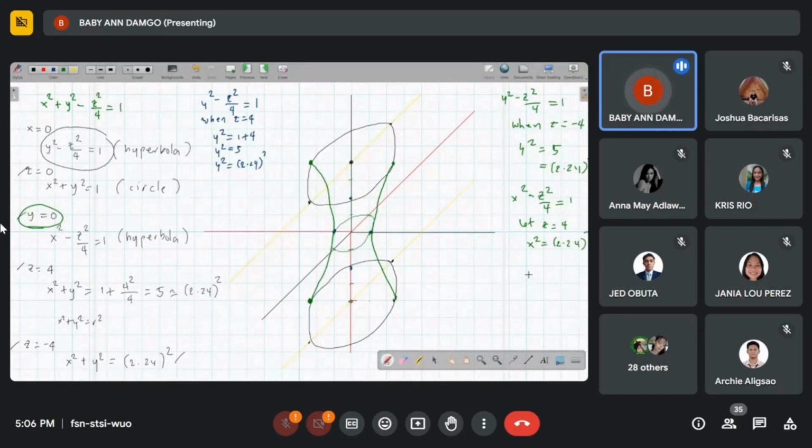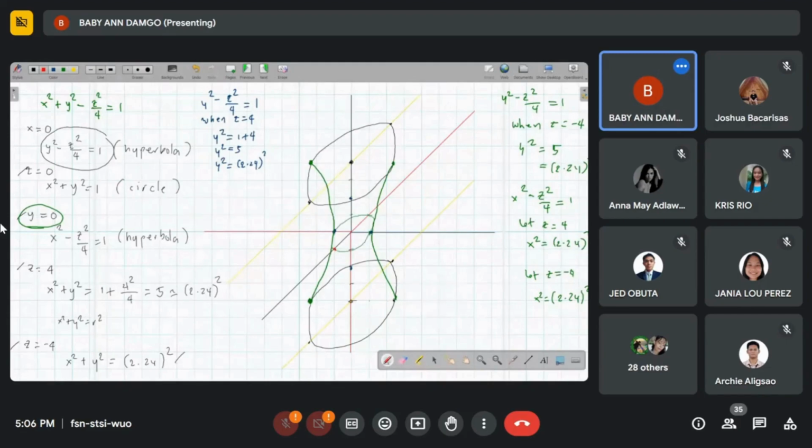Okay? The same way with z is negative 4. So we have x squared is 2.24 squared. So asa man siya? So we have ang x diri is 1. So dara ang x. Red lang ta ha.